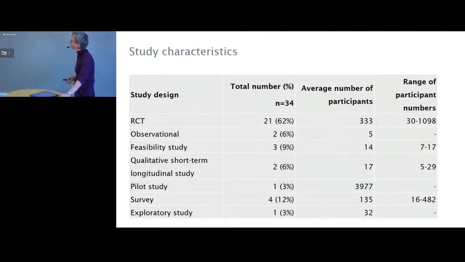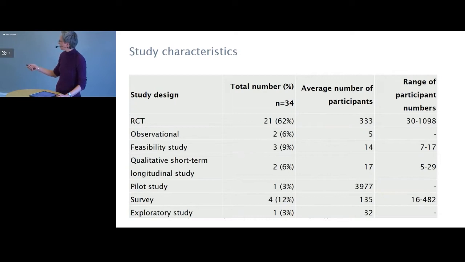So I'm coming directly to the results. In terms of study characteristics, we found that most of the studies included in these 34 papers were reporting about randomized controlled trials where these mobile health apps had been tested. There were a couple of other study designs used to study mental health apps, but they were not that frequent.